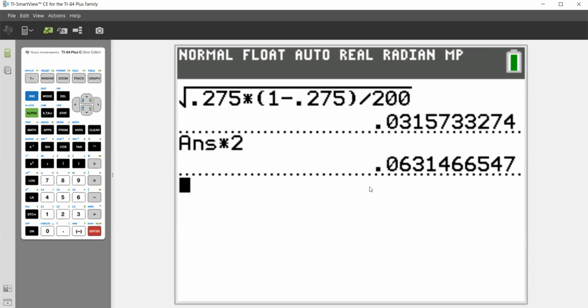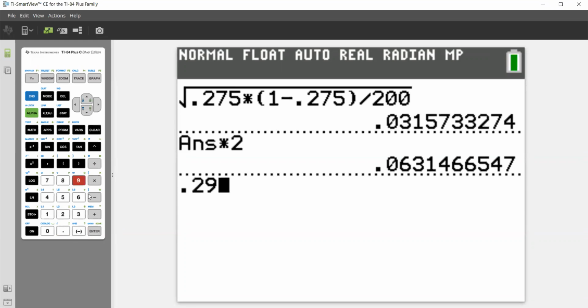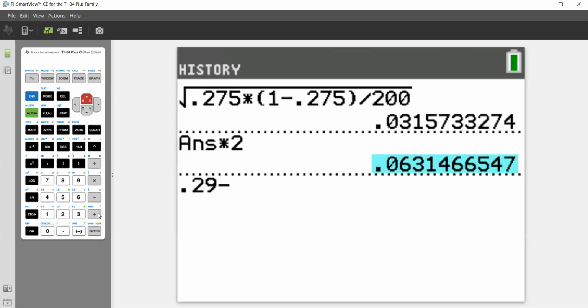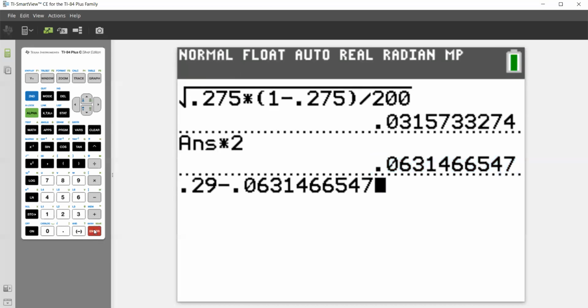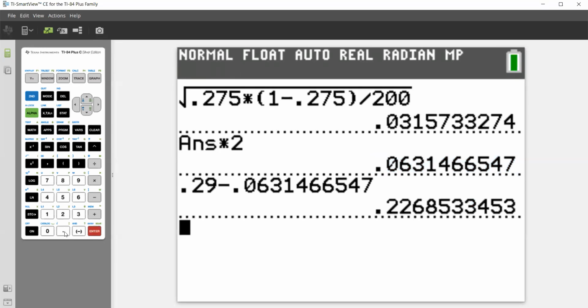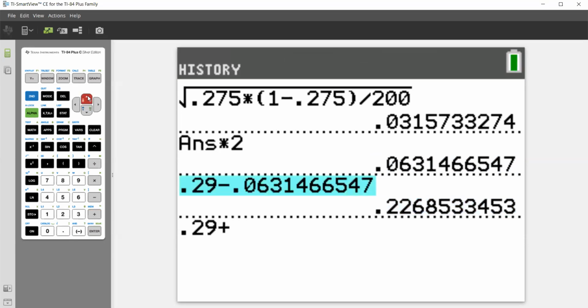0.063. And then what I'm going to do, I'm going to take the sample statistic, the sample proportion, which is 0.29, and I'm going to subtract that number. Enter. And I'm going to take 0.29 and add that margin of error, plus, and I'm going to scroll back up so I get to that number.